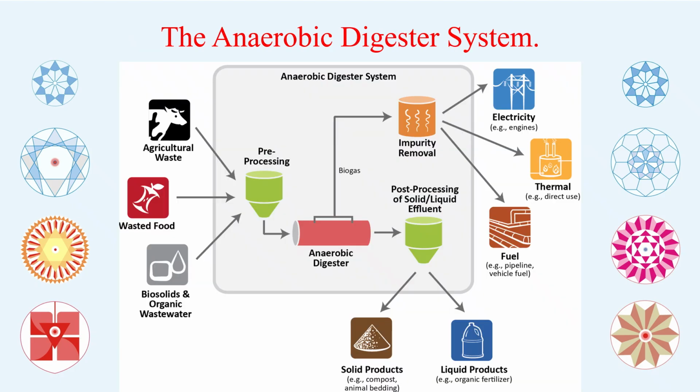Now come to the question of the anaerobic digestive system as such. I am not going to detail it, but let us just concentrate on one side. On the left side you can see manure and a few different food forms, which are the organic material that goes into pre-processing, and how anaerobic digestion takes place, how methane gas comes, and how methane gas is further converted into different forms of application including electricity, thermal, fuel, liquid form as well as solid form.